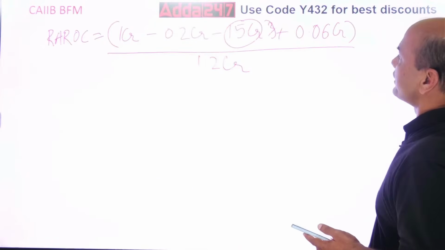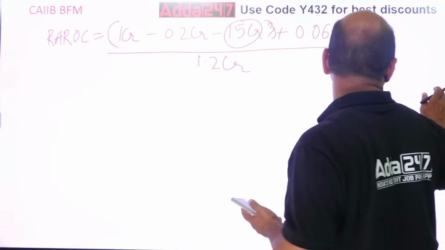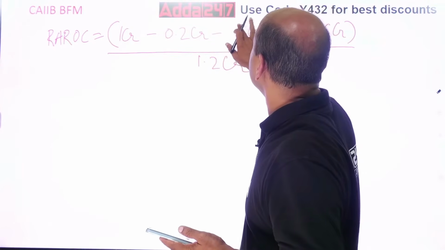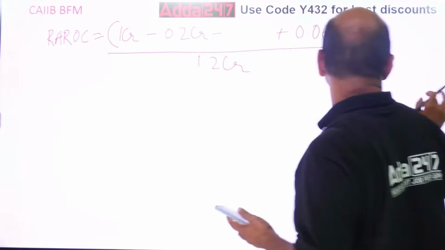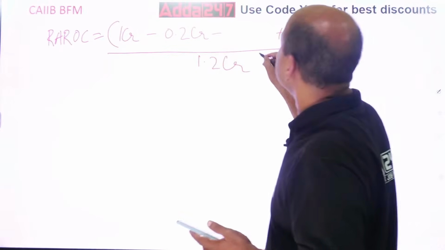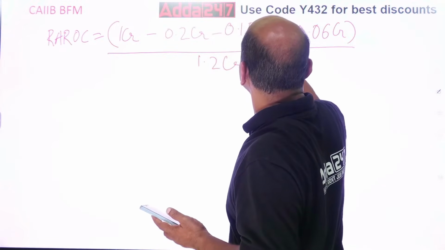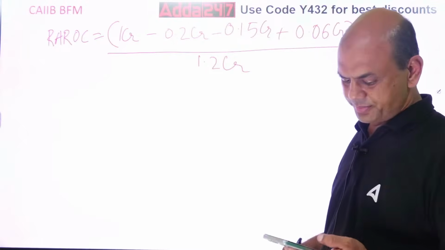So now write this 0.15 CR. Okay, even I got confused. How can this happen? So 0.15 CR. Now get the answer. Okay, now you'll get it correct.